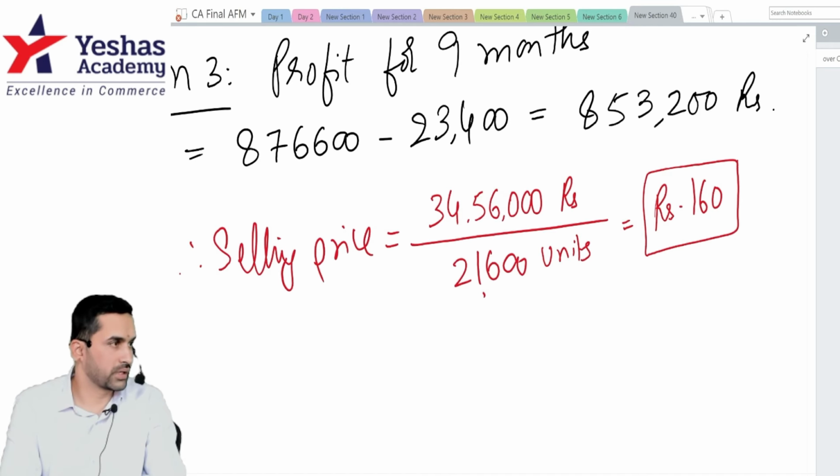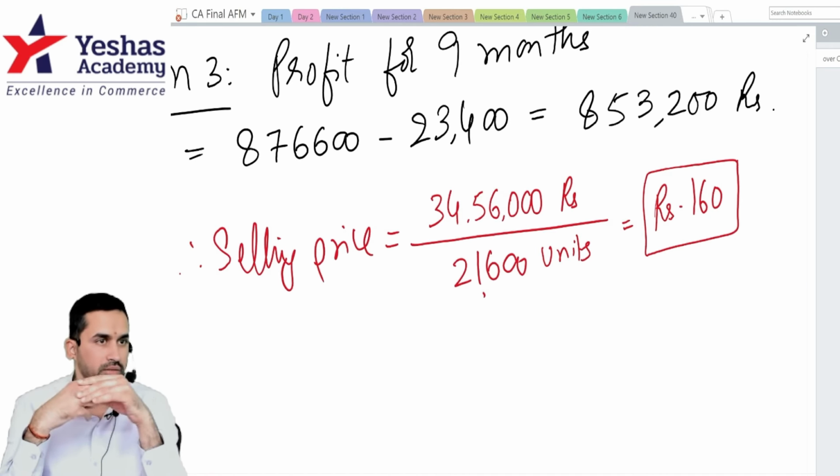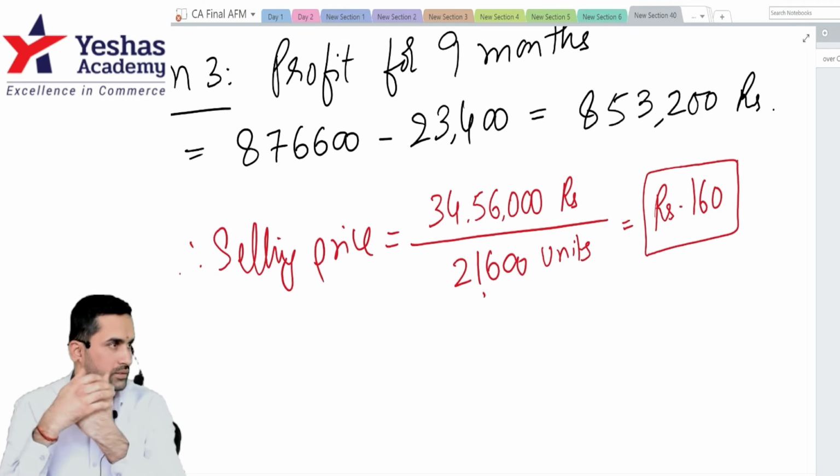What was the price in first 3 months? 145. That means we have to increase the price. If they ask you, that is 15 rupee increase.